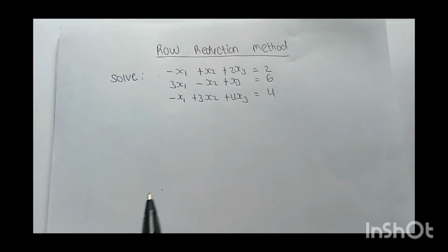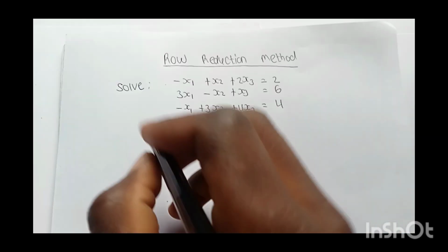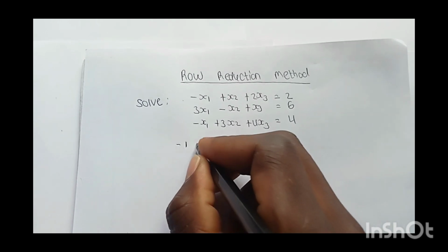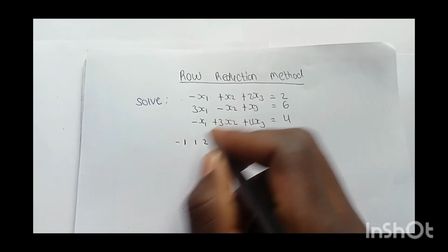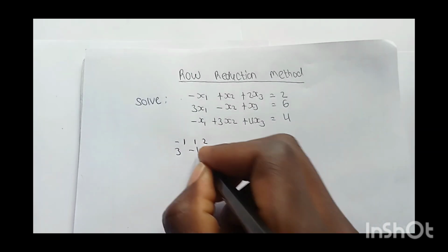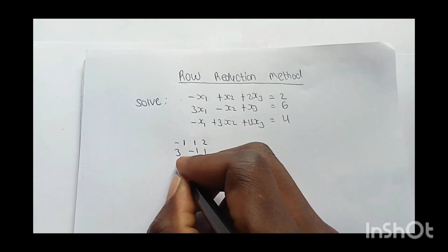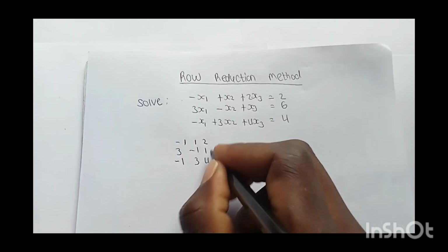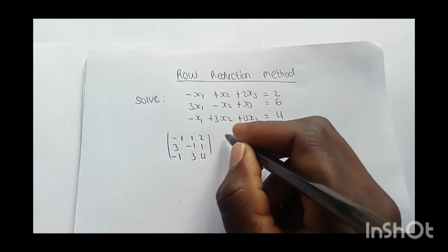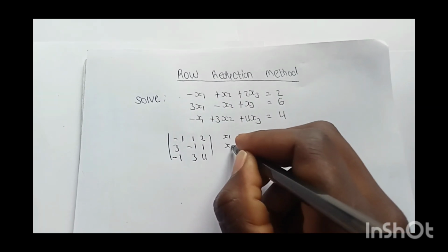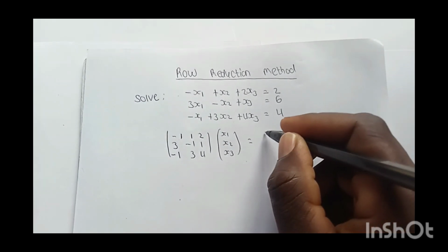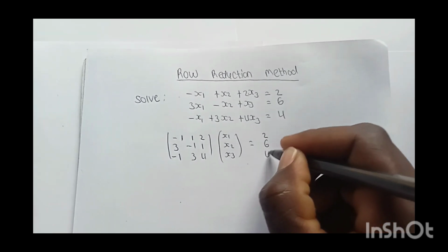So the first step is to write it into matrix form. Writing it into matrix form, we will have -1, 1, 2, 3, -1, 1, -1, 3, 4, times x1, x2, x3 is equal to 2, 6, 4.